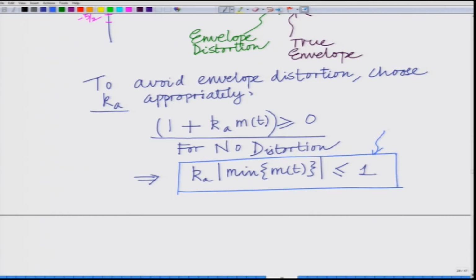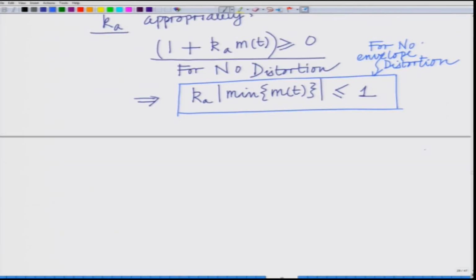This condition must hold for no envelope distortion, and this constant Ka times the magnitude of the minimum of Mt is known as mu, the modulation index.